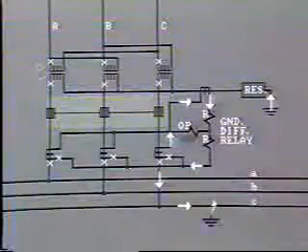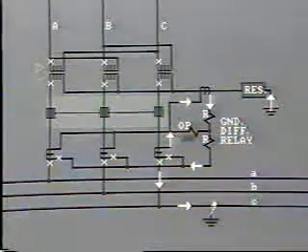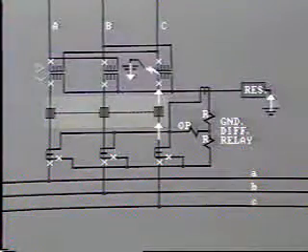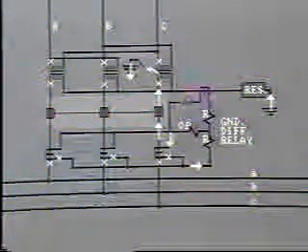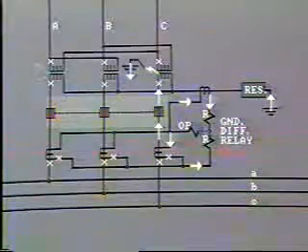Therefore, no current will flow through the relay operating coil. But if there is an internal ground fault in one of the transformer windings, the current in that CT will reverse and be added to that from the neutral CT. This current will flow through the differential relay, and it will operate.